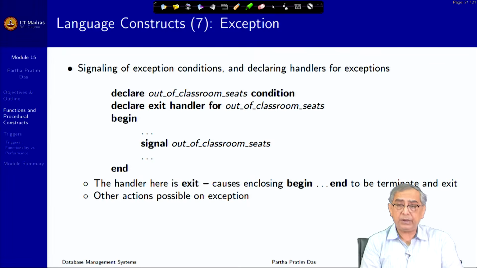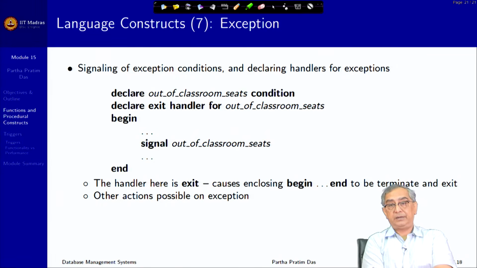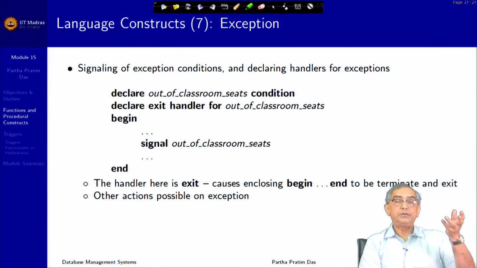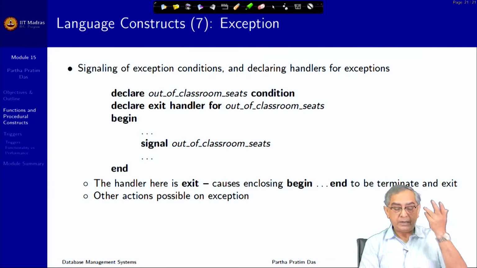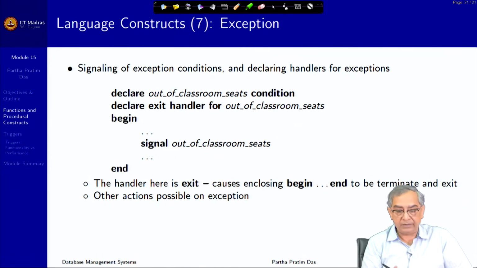It does support exceptions. You can raise an exception by signal, and the exception must be defined with a handler. That is, when you raise the exception, it has to know where the control goes, what should be done. You can define your own, or there are some default handlers available.